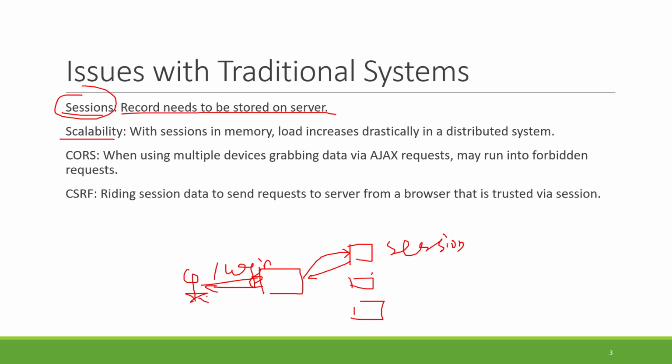Next time, when the same user wants to make a request to /users/products, it will also have a cookie with it. But this time the request goes to a different server.